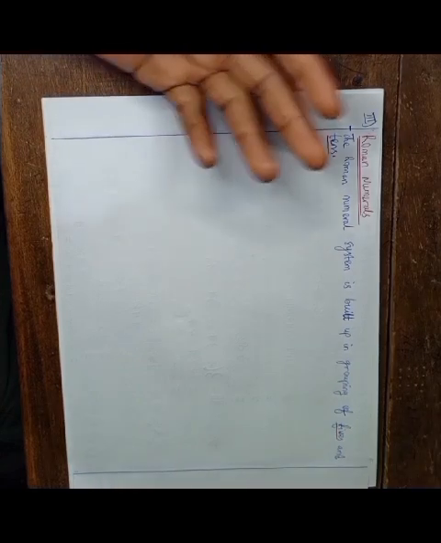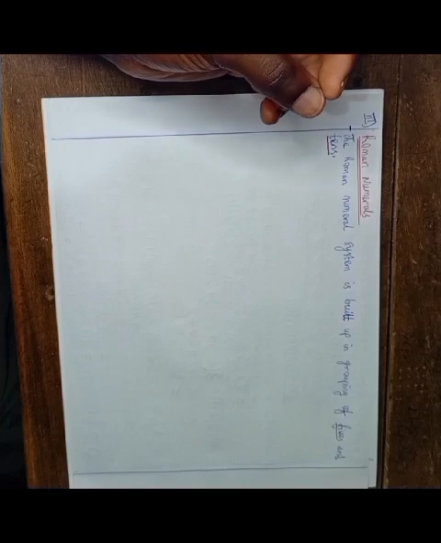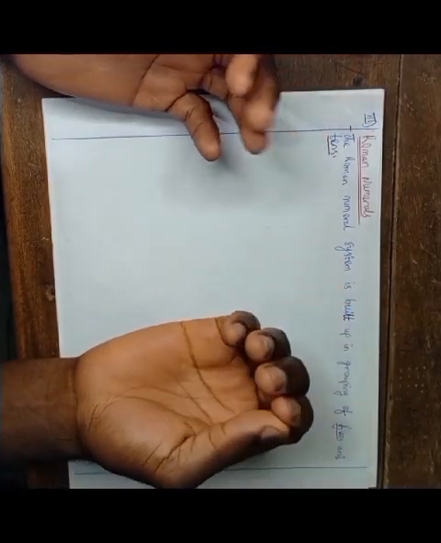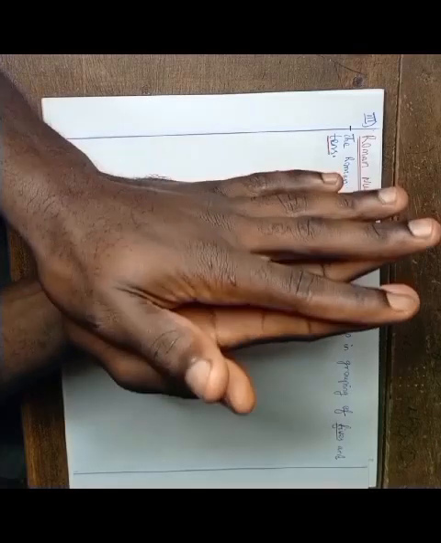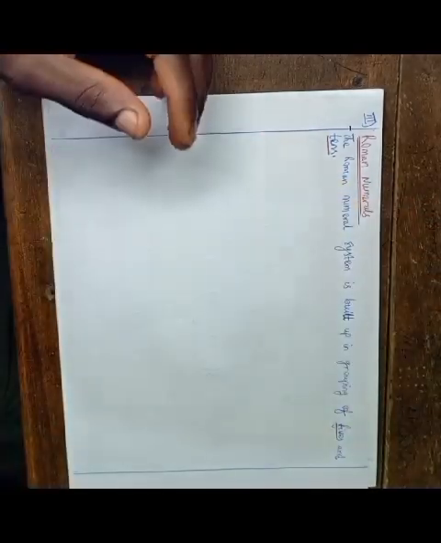For example, we know each of our hands has 5 fingers. My left hand has 5 fingers. My right hand has 5 fingers. If I join the two hands, in total I have 10 fingers. Let's write this down.